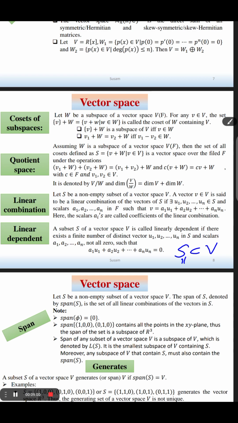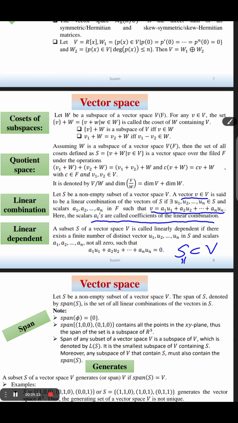If S is a non-empty subset of a vector space V, and any vector v in V can be written like this, where the u_i's are from the set S and the a_i's are scalars, then this kind of representation is referred to as a linear combination, and the scalars a_i are called coefficients of the linear combination.